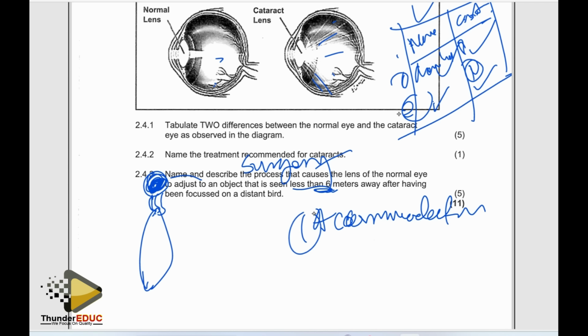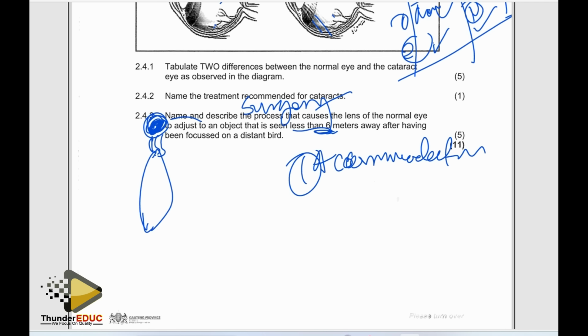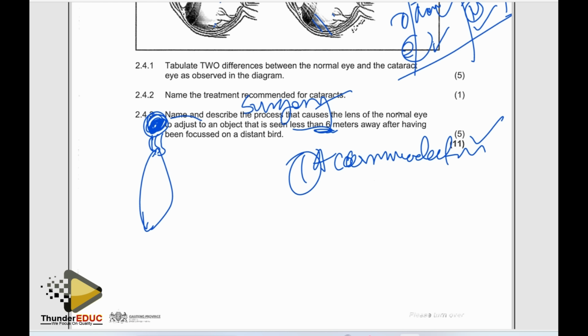They said name: accommodation. Then now you describe. We give you a mark there. Ciliary muscles contract. That's number one.